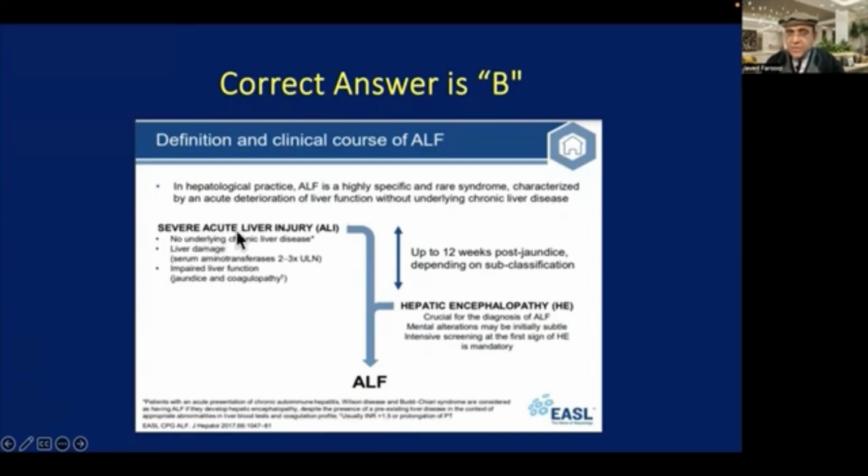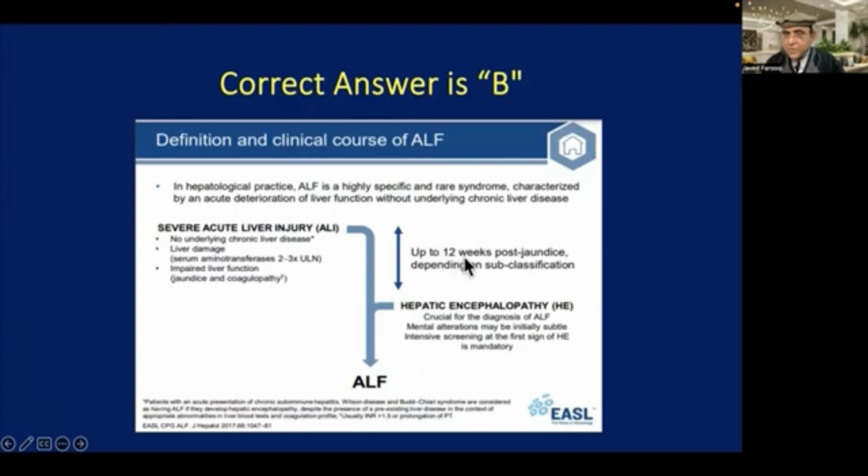So in severe acute liver injury, ALI, there is no underlying chronic liver disease. There is liver damage, the serum aminotransferase is more than 2 to 3 times the upper limit, and there is impaired liver function, jaundice, and coagulopathy.